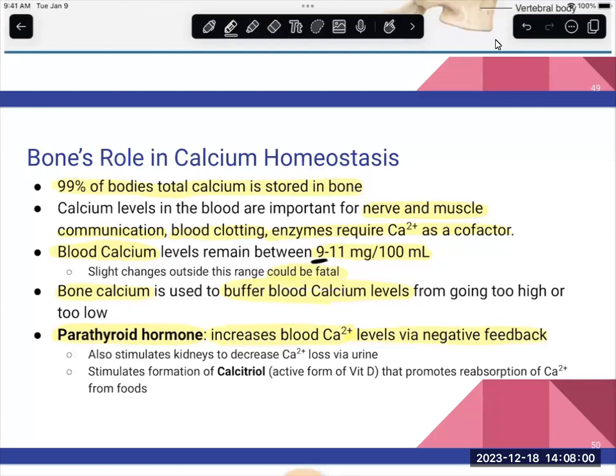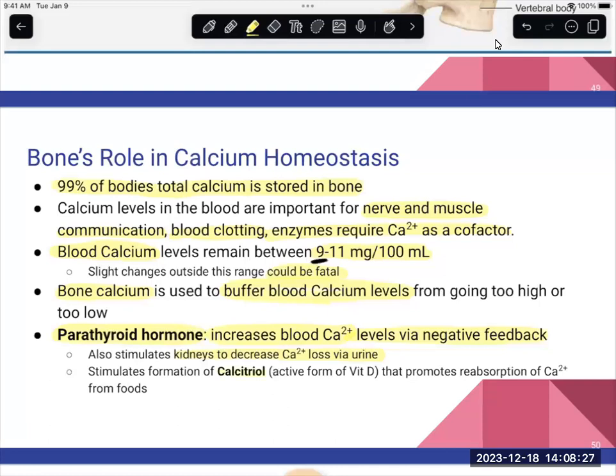What it's going to do is go to different places. It's going to go to the bones to reabsorb some of your bones to release that calcium into your blood. It's going to cause your kidneys to reabsorb any calcium that it may have gotten rid of. It's going to go to your intestines.